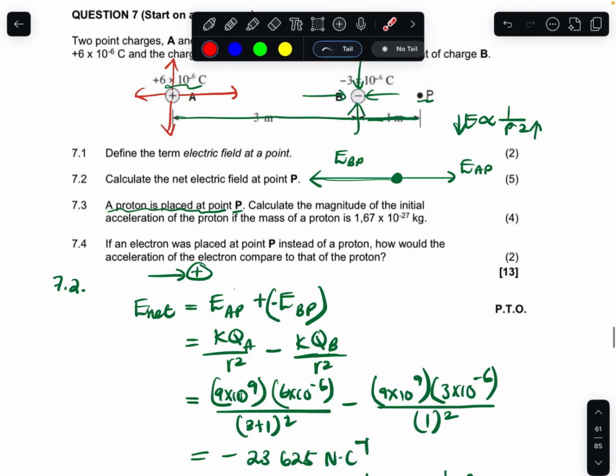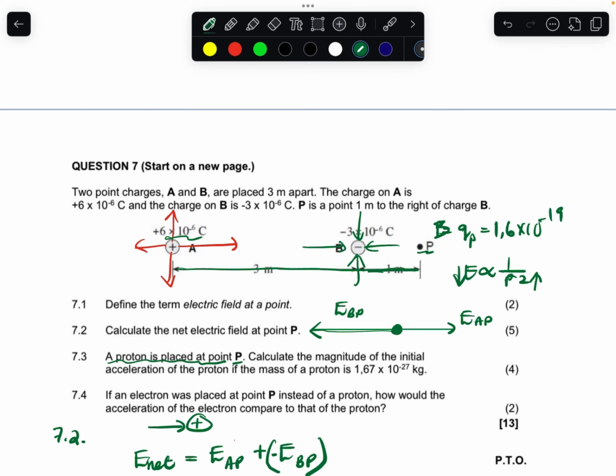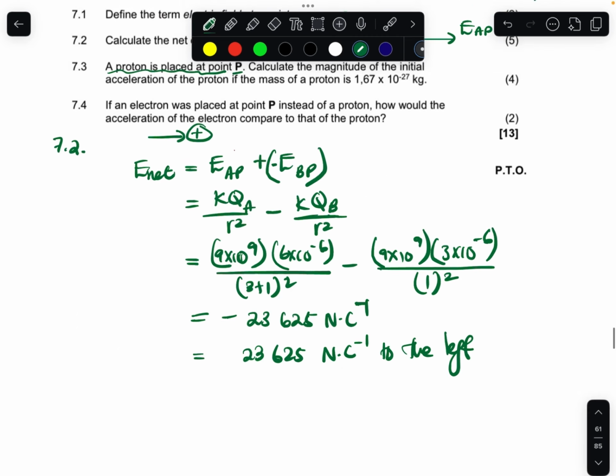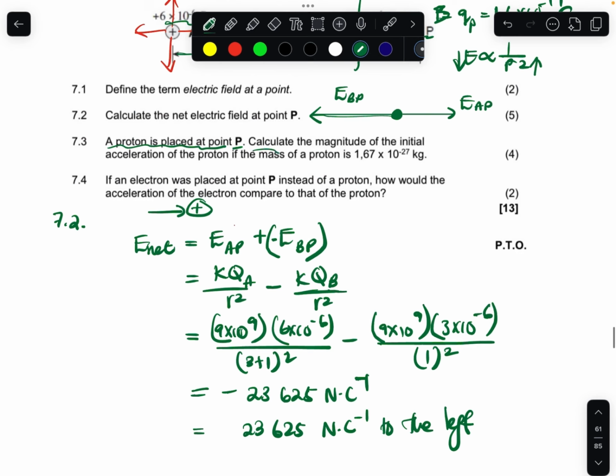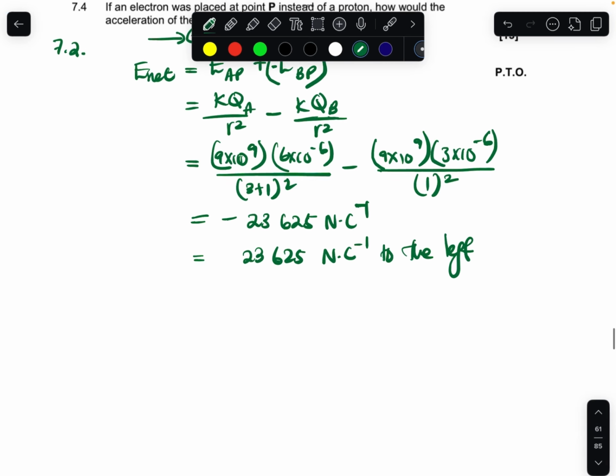You know the proton has the elementary charge, equal to 1.6 times 10 to the power negative 19 coulomb. It says calculate the magnitude of the initial acceleration of the proton if the mass of the proton is that one. We're given the mass of that proton and we know the charge of that proton.